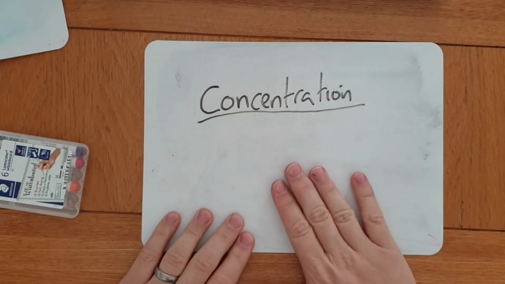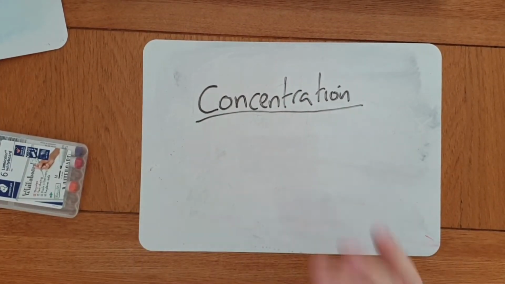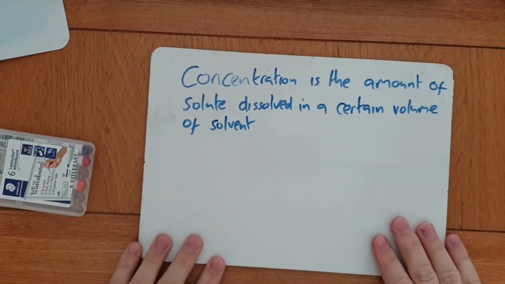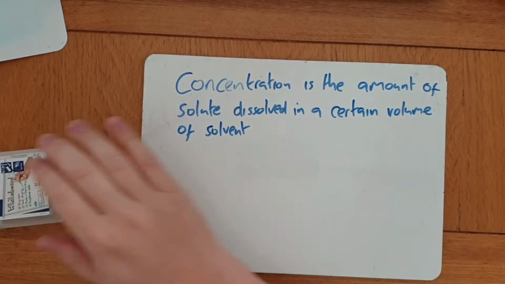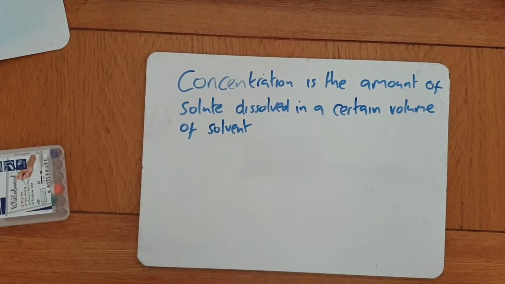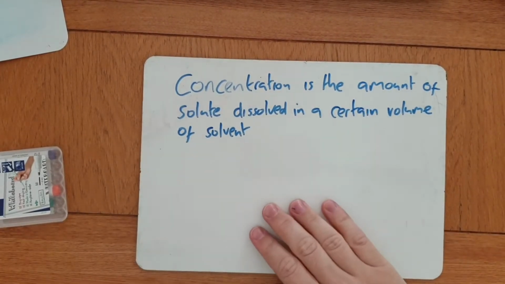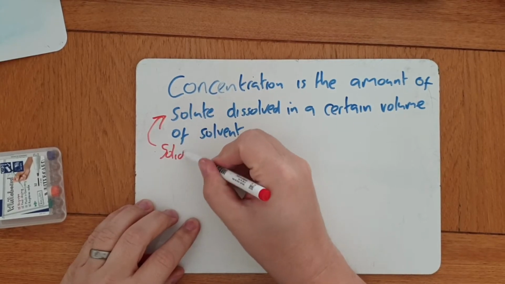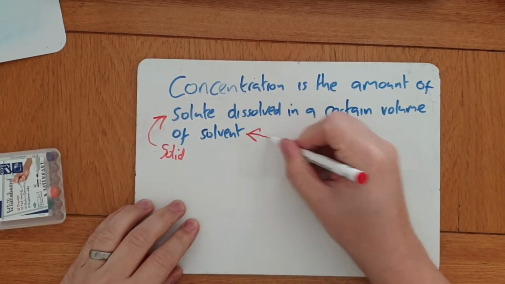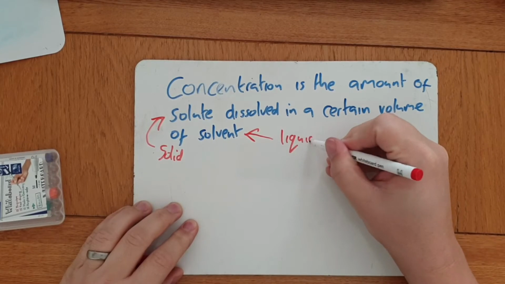So, talking about concentration and what actually is concentration. Concentration is the amount of solute dissolved in a certain volume of solvent. Solute is the solid, and solvent is the liquid.